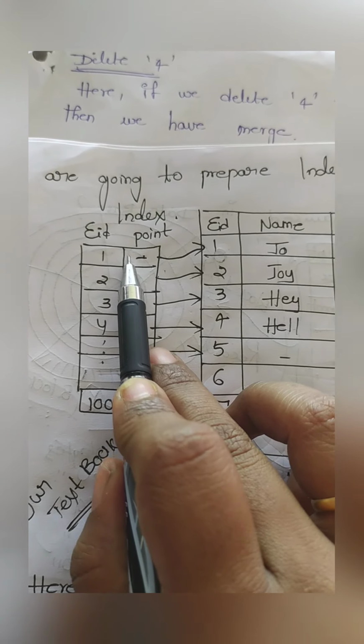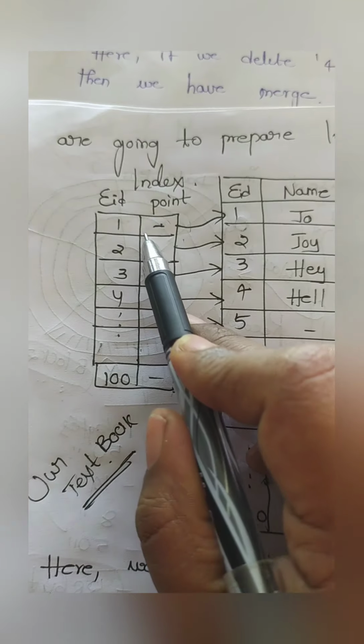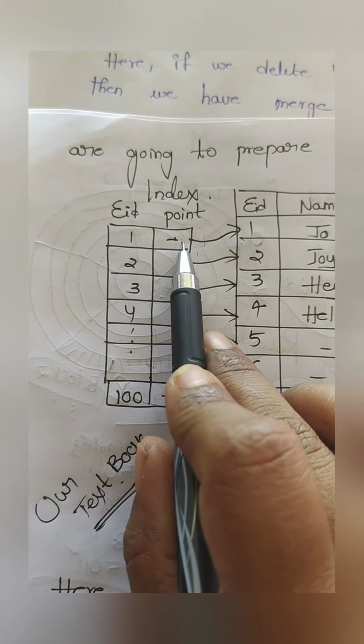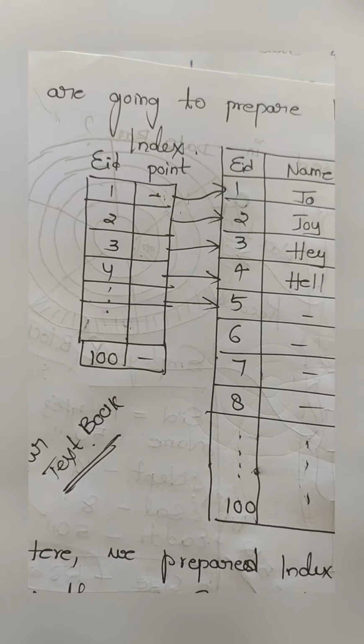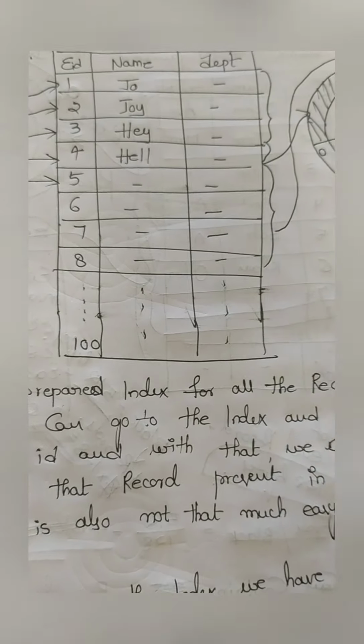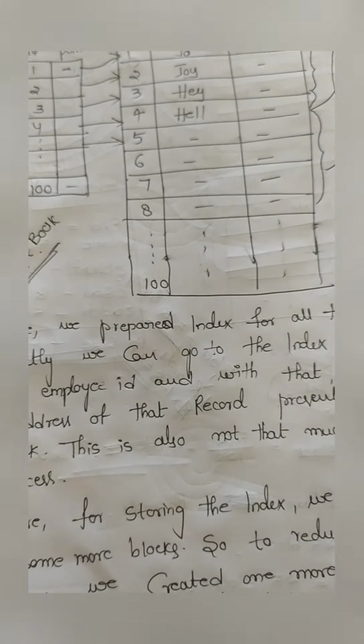We take the page number, like in our textbook example, that means the block number or the pointer on the disk where we have to go. So we prepared an index for all the records, and directly we can go to that index and search for the employee id there.